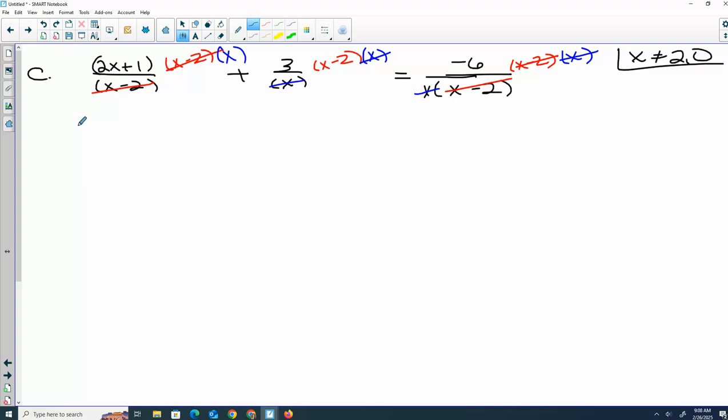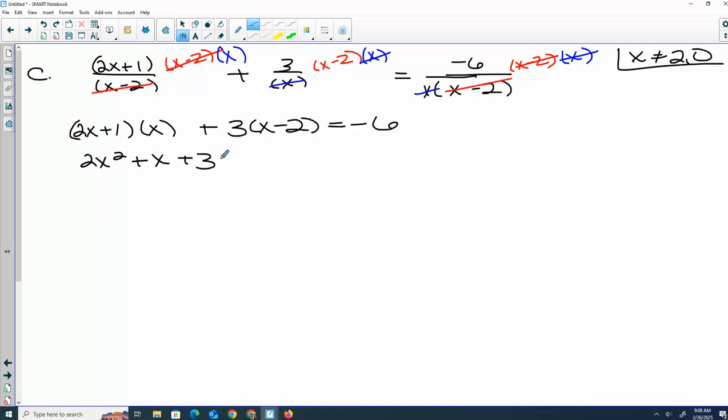So what we're left with is 2x plus 1 times x, 3 times x minus 2, and negative 6. So if we distribute, it's 2x squared plus 4x. If we add over the 6, those cancel.